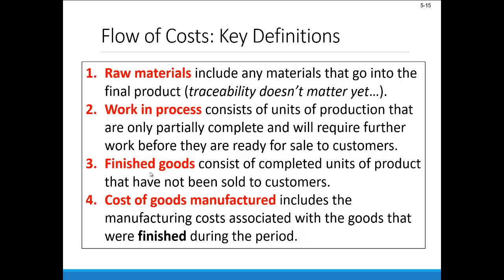Could be sold tomorrow. We have sort of a new definition here for Chapter 3, cost of goods manufactured. That includes all the manufacturing costs associated with goods that were actually finished or completed during the current period. So that's the manufactured part. You can kind of think of that synonymously with finished. Cost of goods finished.